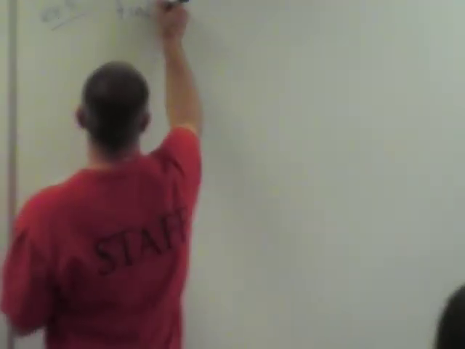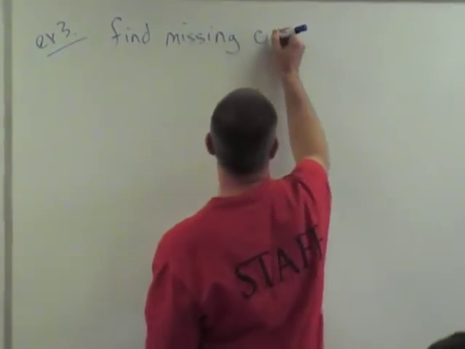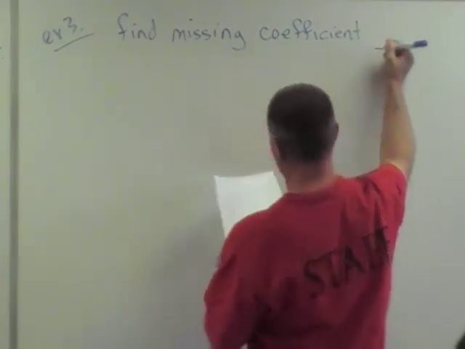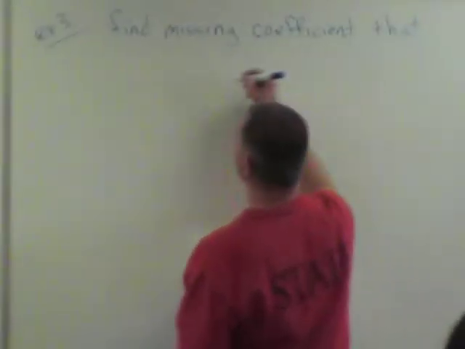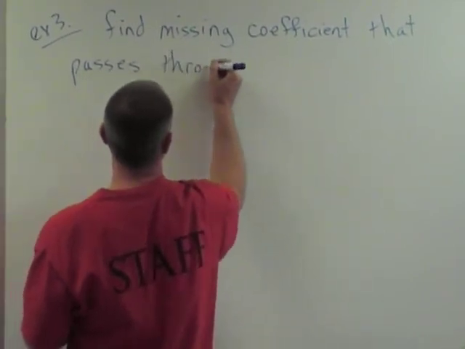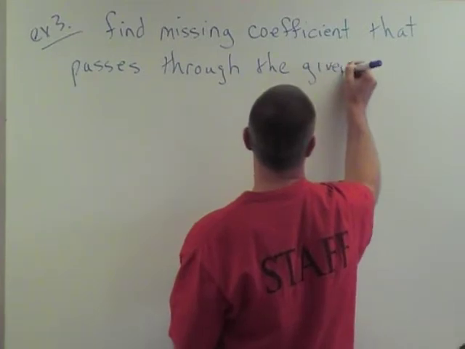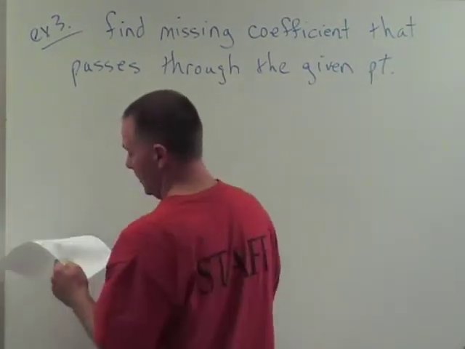All right. Example 3. Find the missing coefficient that passes through a given point.